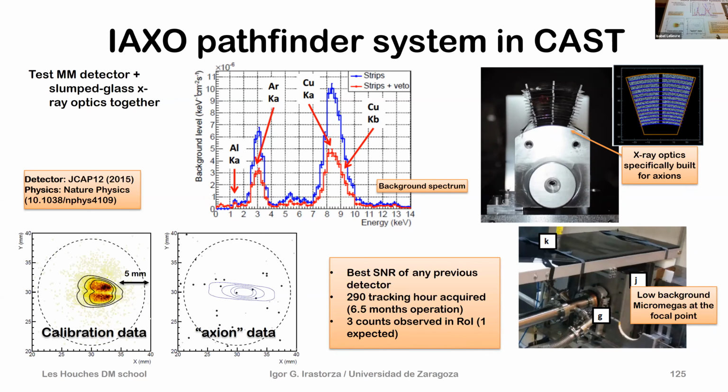This is the focal spot calibrated by the source. These lines are computed by X-ray tracing models, and the colors are the actual data. So there is good agreement between data and the model. This is a combination of the work from the X-ray optics team, who do things like this in X-ray astronomy research, and the detector team.